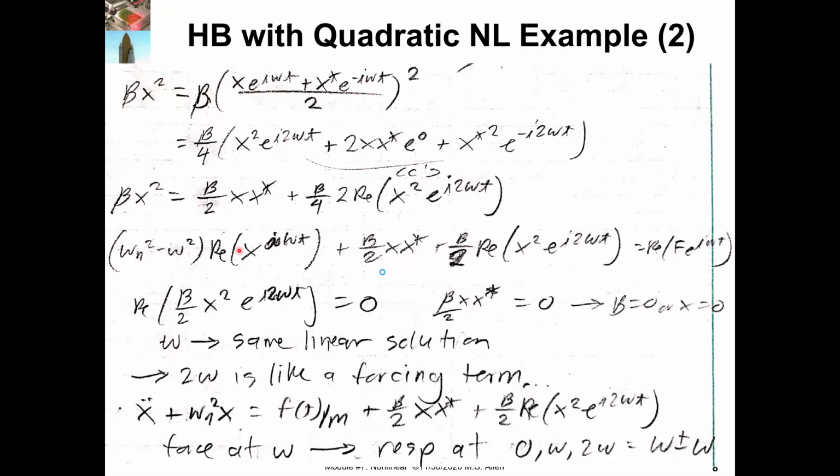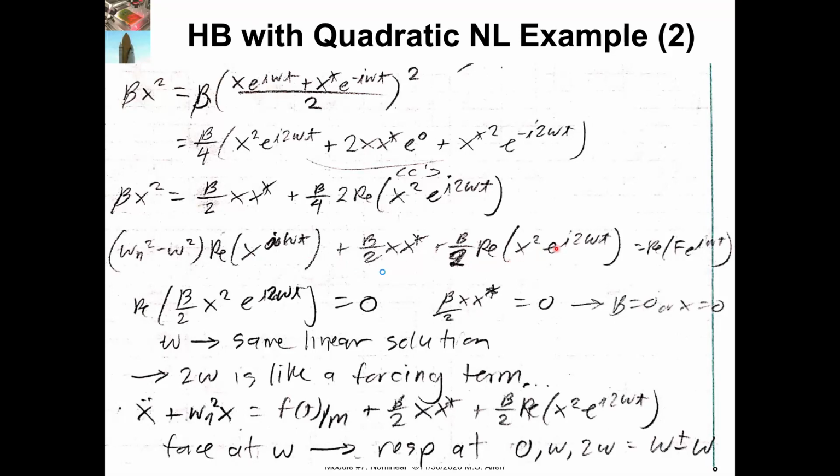But that same procedure actually can be useful for other systems. And it actually did help us in that it told us some important things. One, that the underlying linear system, nothing changed. So the natural frequency is still the natural frequency, even if we have non-zero vibration amplitude.